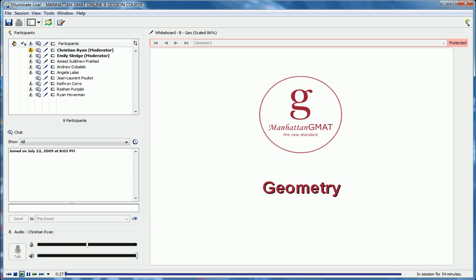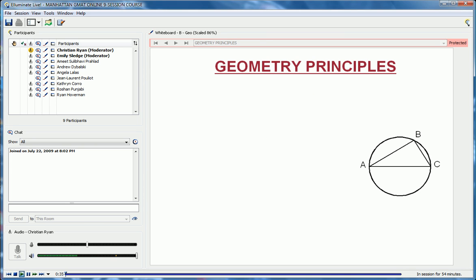So first, a couple of principles and methods of approach to geometry before we dive into our first problem. So, some principles, and I'm going to use this diagram over here on the right as a way of illustrating. The first principle is if they don't tell you something, don't assume it.